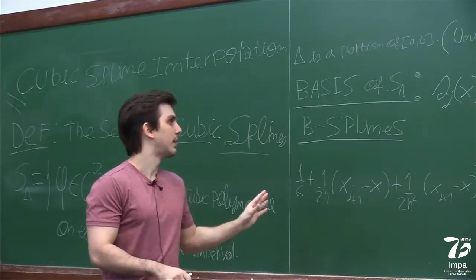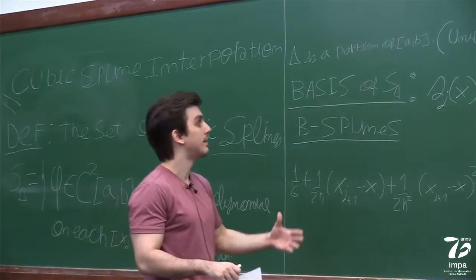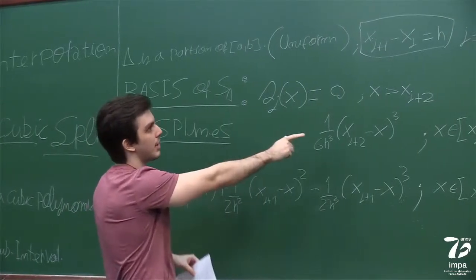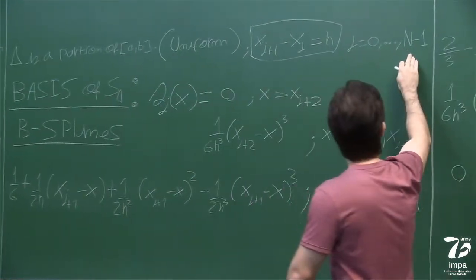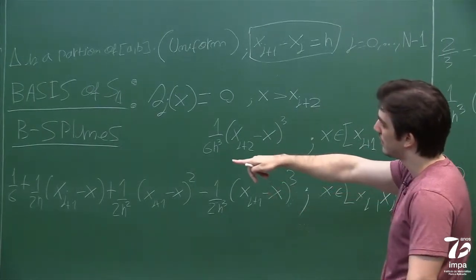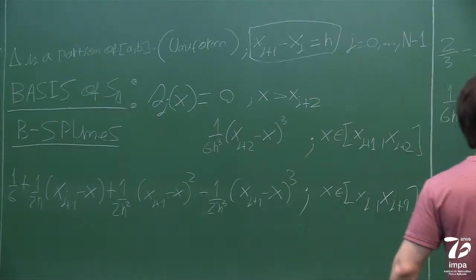And it's clear that this belongs to S delta. And we want to show that these sj for j varying between 0 and n minus 1 form a basis of the cubic spline vector space.